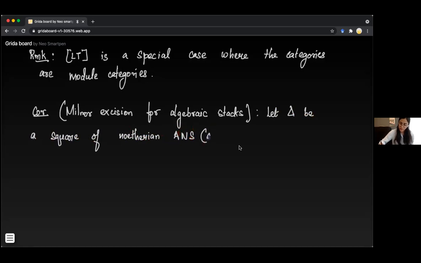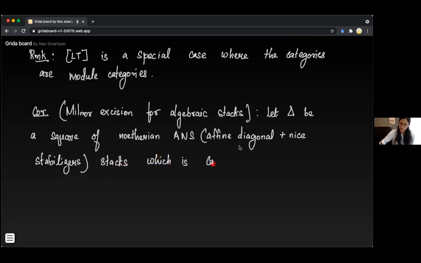By that, I mean the stack has affine diagonals and has nice stabilizers. For this particular result, you can also do with less, by just having some linearly reductive stabilizers, but for simplicity of notation, I just want to make this assumption from the beginning. So ENS stacks, which is Cartesian and co-Cartesian.